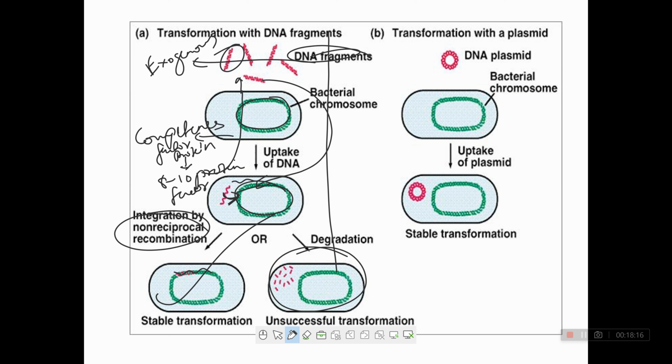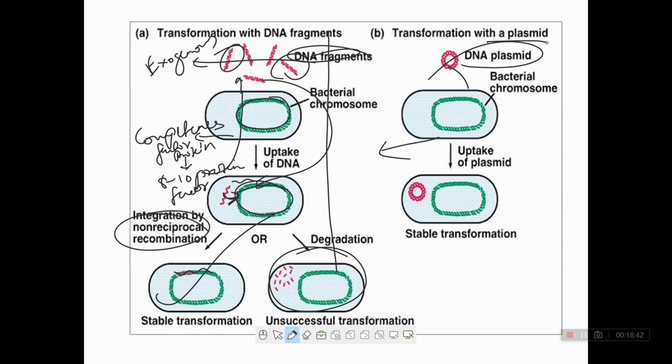And another transformation process is with a plasmid. Here exogenous plasmid is present. Same process: the competence factor helps in release of another 8 to 10 protein factors that help the cell wall recognize the exogenous plasmid DNA.